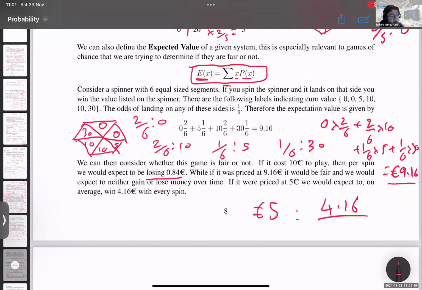So you can keep playing, but whether it's a fair game or not will depend on the expected value of the system. What this means for exam questions tends to be that they will give you the game, they'll give you the price, and they will ask you if it's a fair game or not, or if you would advise people to play it or not based off of what you would expect that they would win.